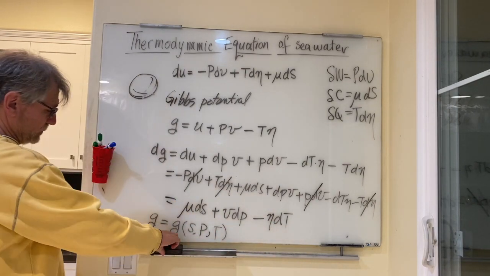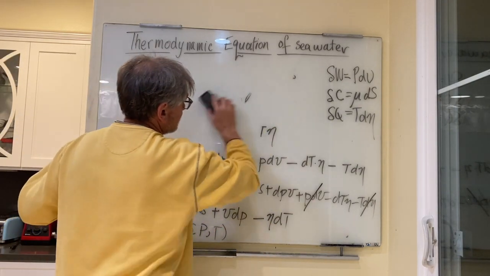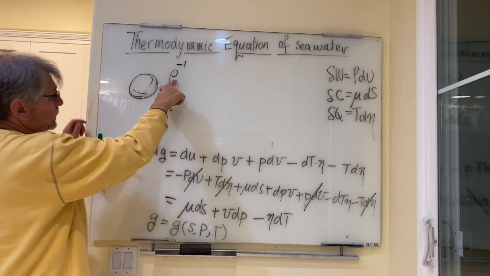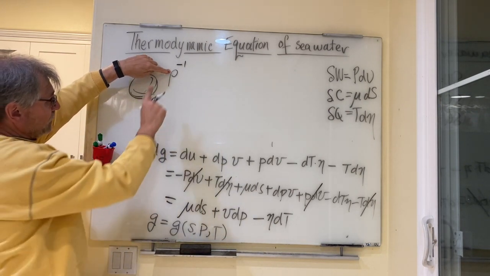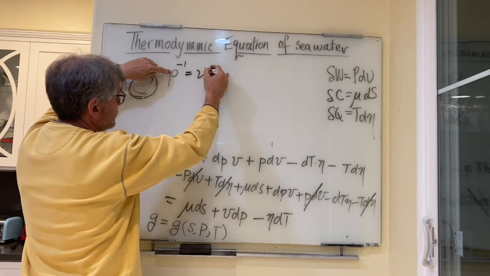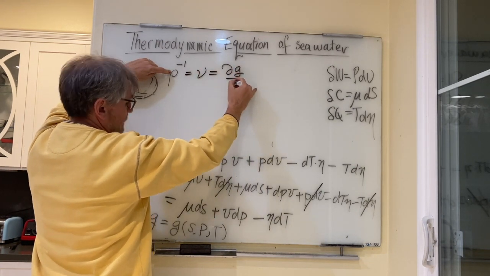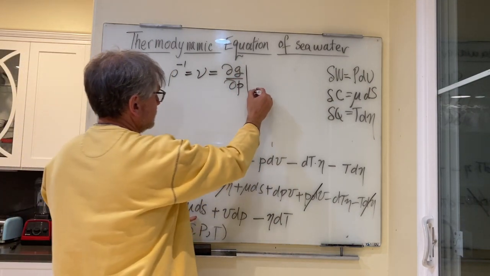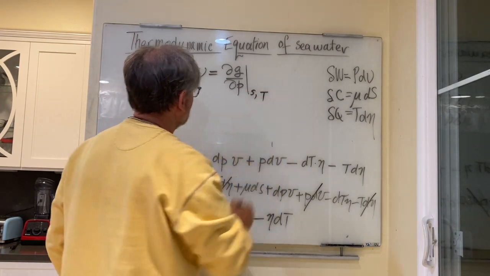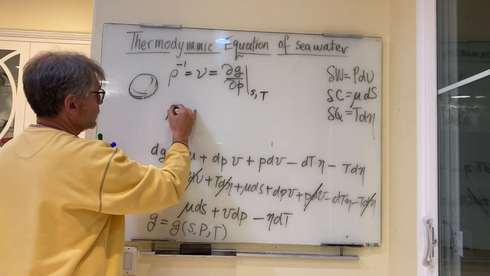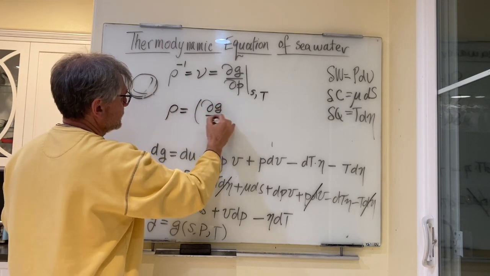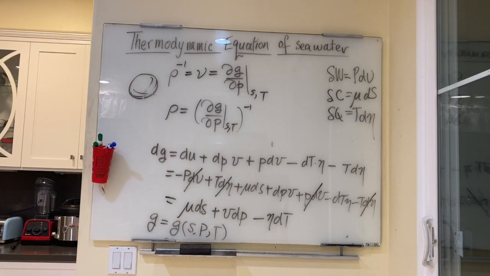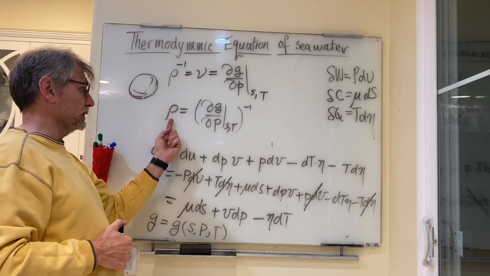So the reciprocal of the density, which is equal to nu, is equal to partial G, partial P, holding the other two variables fixed, salinity and temperature. In other words, density rho is equal to (dG dP at S and T) to the minus 1. So there's an easy way from the Gibbs potential to go back and get the density.